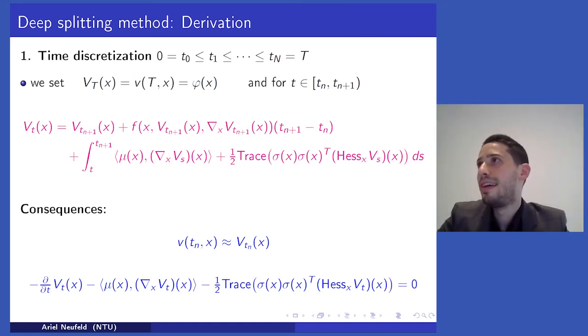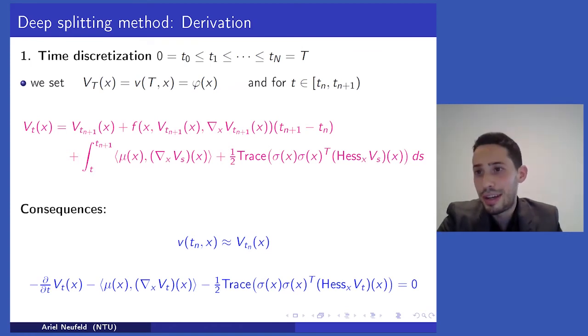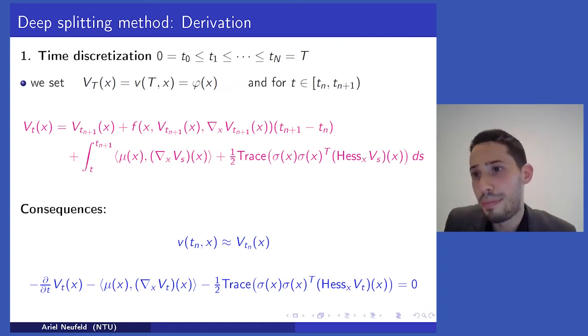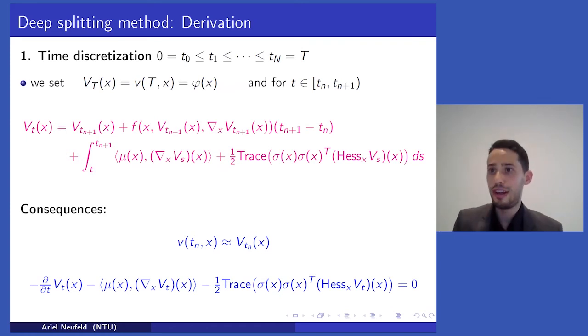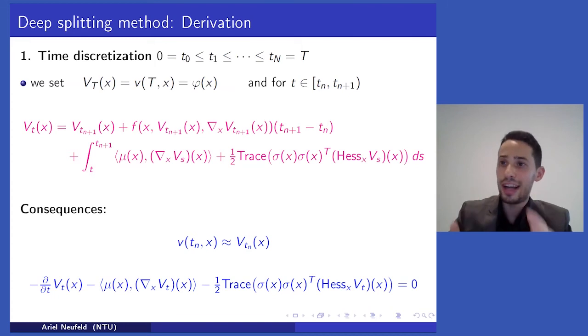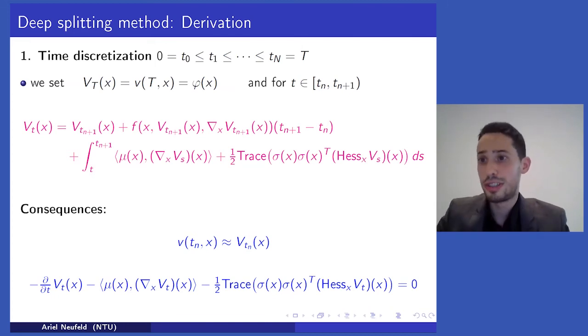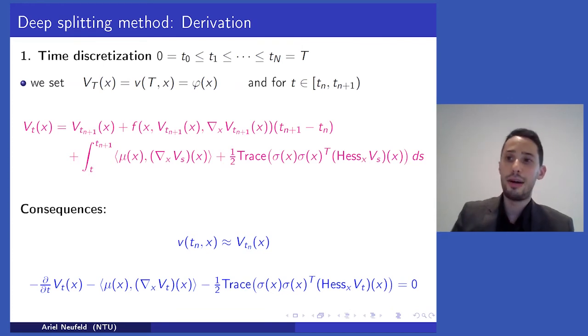So here, this kind of algorithm combines two or three things. First of all, if you want to get to know the connection, why does the price of a financial derivative correspond to a solution of a PDE? This is something which you can read in every classical book in financial math.